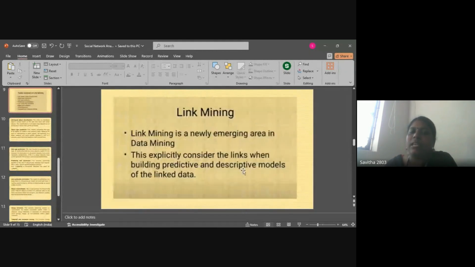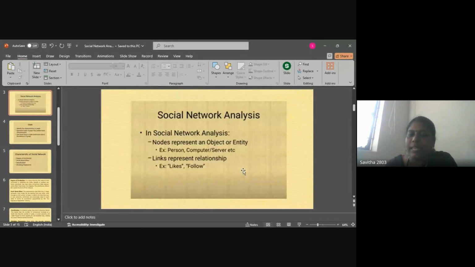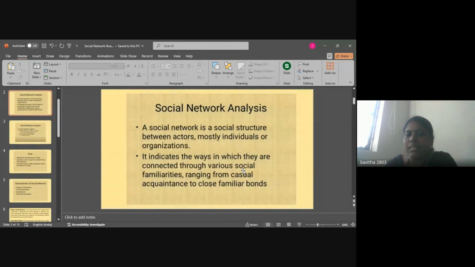That is called social network data analysis. For social network data analysis, we can form a special structure based on their behaviors, or based on the actors, the users, or the organization. We could form or characterize the data, and based on that we could analyze easily. Okay, so that is social network analysis and link mining.